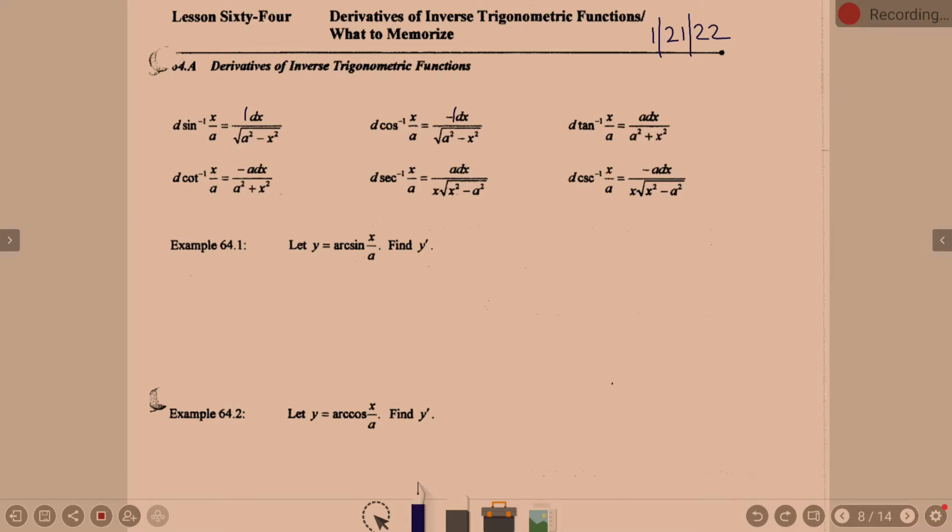Now, arc sine is another way of saying sine inverse, right? So this could also be written as sine inverse of x over a. Okay, that's just general calc knowledge we need to know, right? Arc sine, sine inverse, interchangeable.